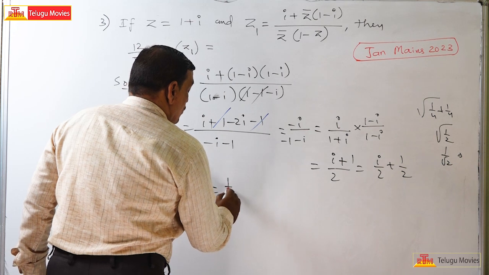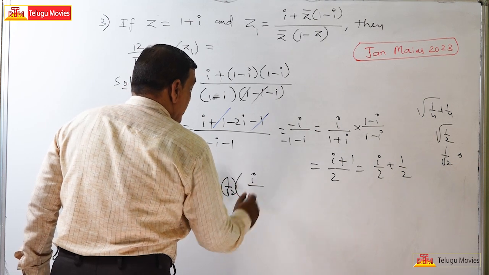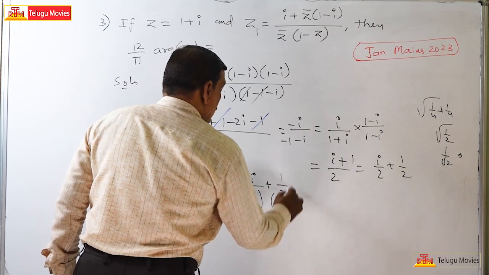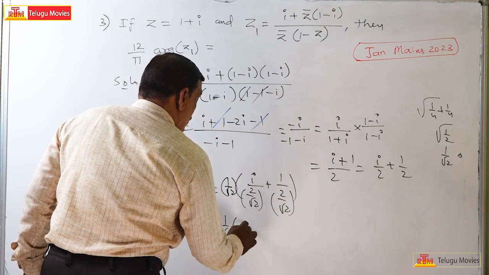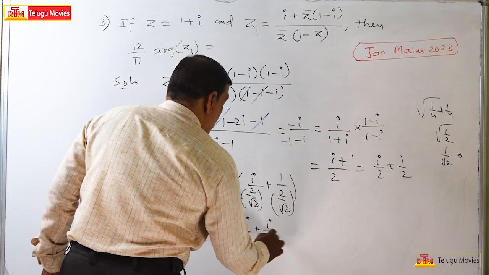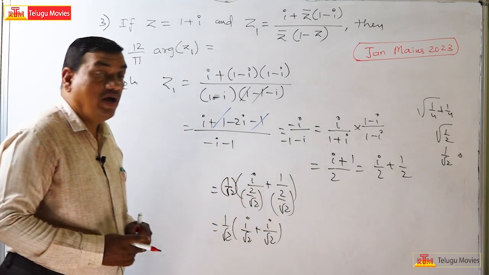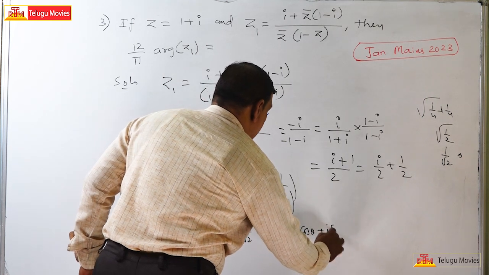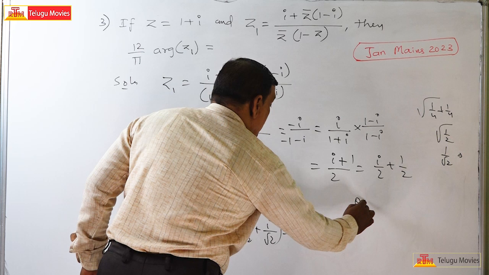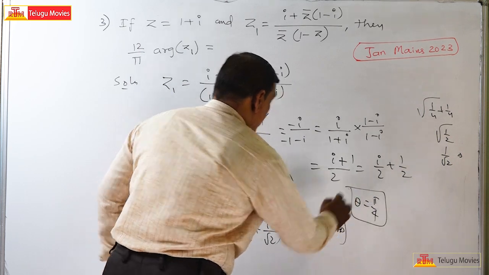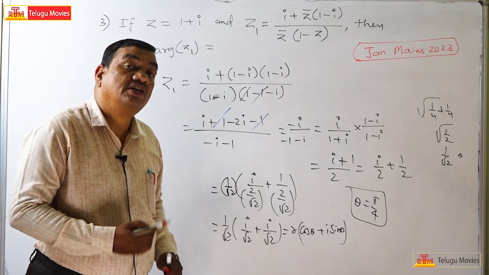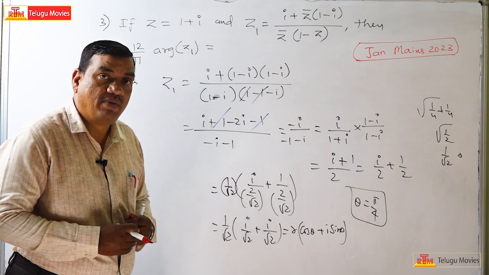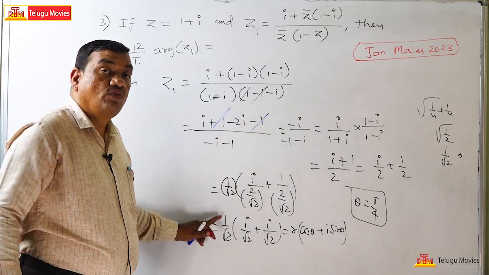So this is equal to 1 by root 2 into i by 2 by root 2 plus 1 by 2 by root 2. So this is 1 by root 2 into 1 by root 2 plus i by root 2. 2 by root 2 is how much? Root 2. So this is equal to r of cos theta plus i sin theta. So clearly theta is equal to pi by 4. Cos theta is equal to 1 by root 2, sin theta is also 1 by root 2. So both are in the first quadrant. In the first quadrant theta is equal to pi by 4. Very clear. Its r value is 1 by root 2.